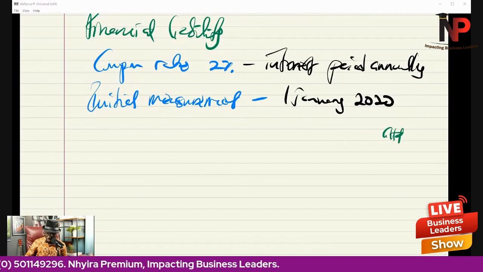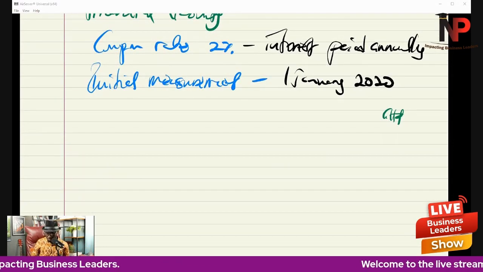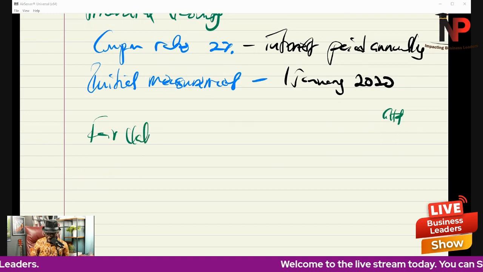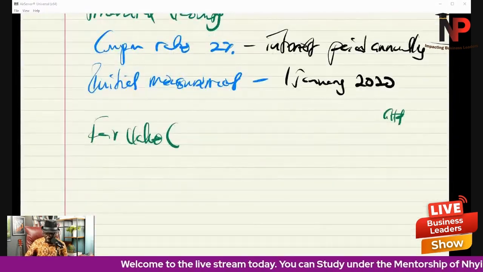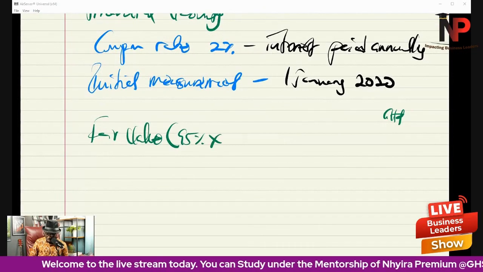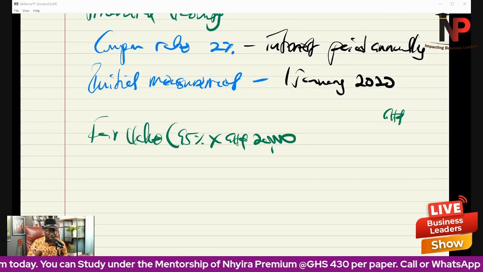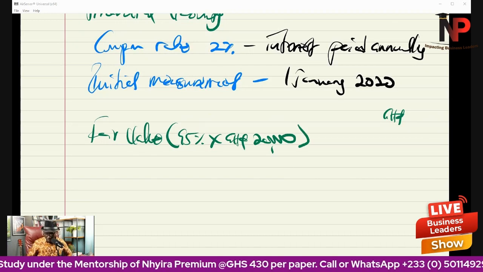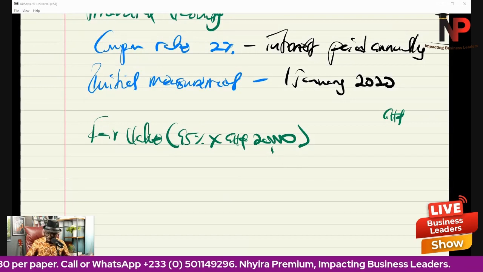So what is the fair value here that we will recognize? They said they issued it at a discount of 5%. So we take 95% of the face value, which in this question is 20,000 Ghana cedi. So 95% of 20,000, what do we have? I'm getting 19,000 Ghana cedi.